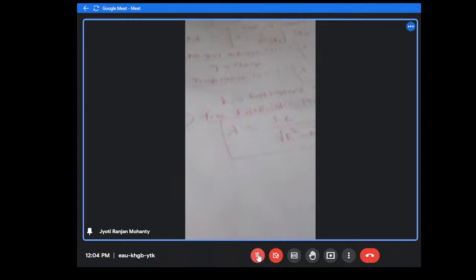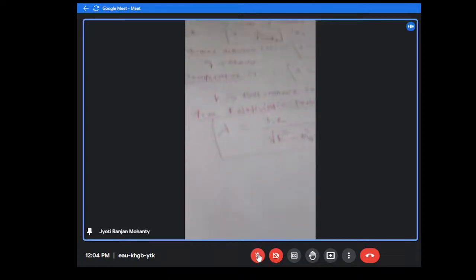It is 1.38 into 10 to the power minus 23 joule per Kelvin. Yes, sir. 1.38 into 10 to the power minus 23 J by K, joule divided by Kelvin. Boltzmann constant. The wave is called matter wave or De-Broglie wave.